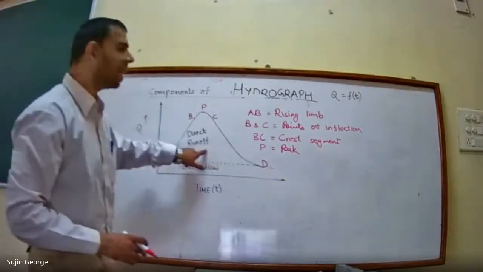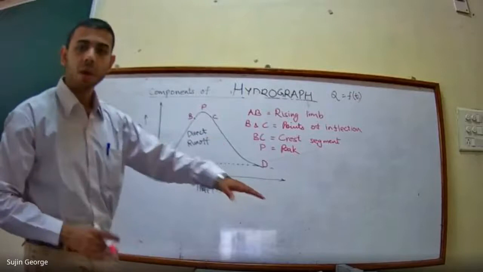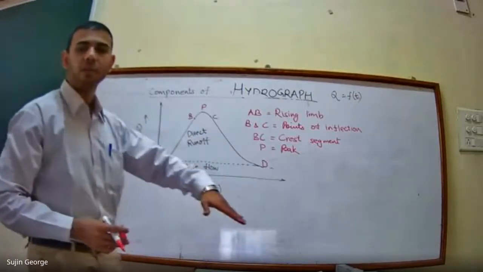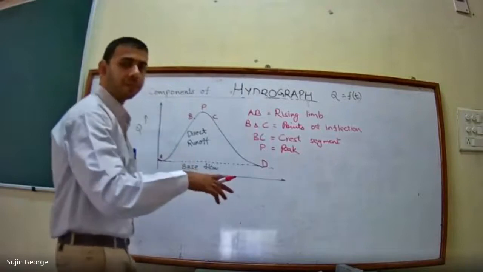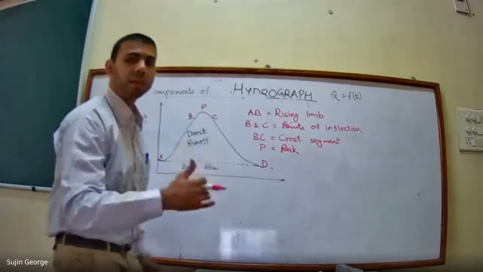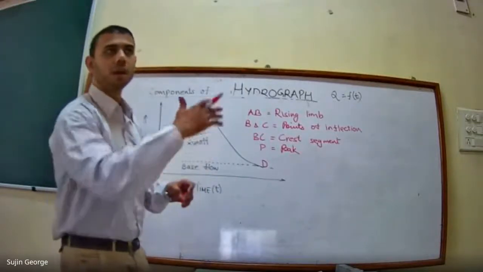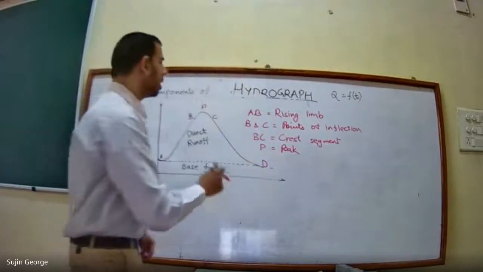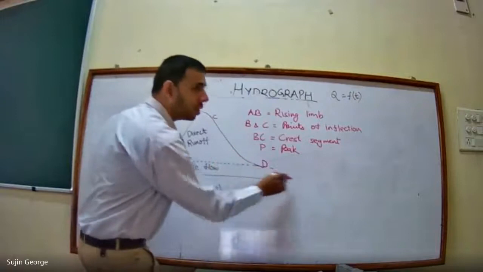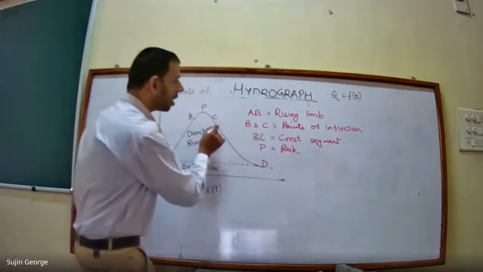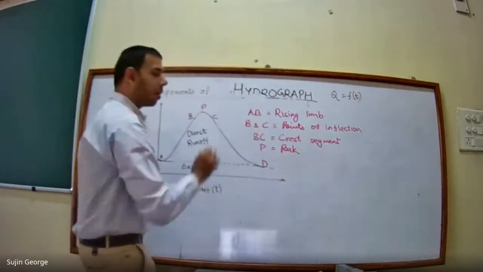That is called direct runoff or surface runoff, or it can also be called overland flow. Now this water will not keep on flowing. It will ultimately reach its end, and when it does, the hydrograph will move in a downward direction.